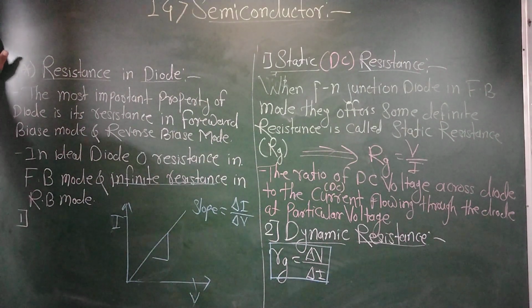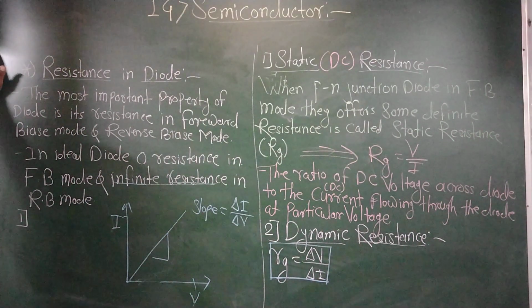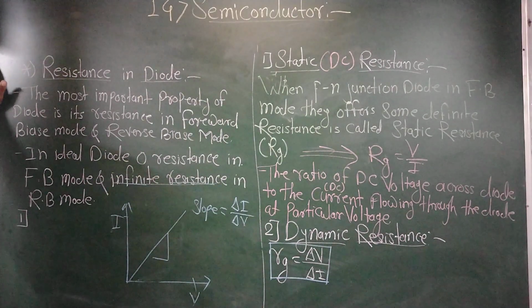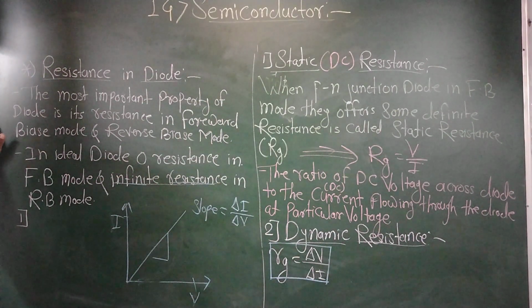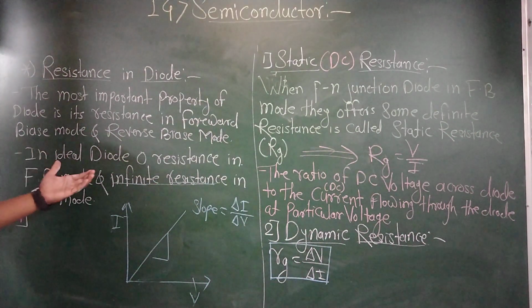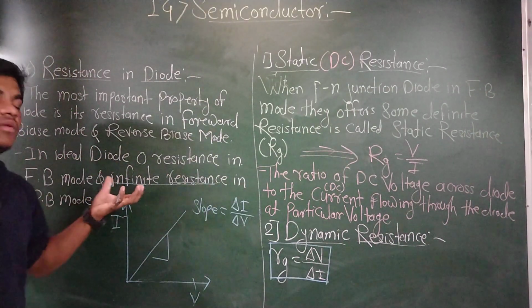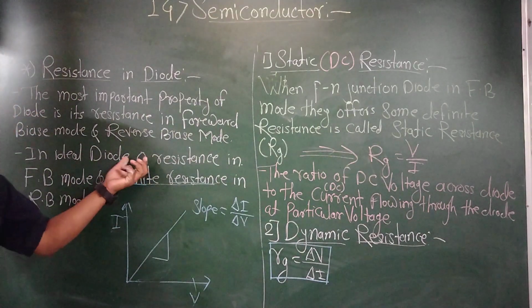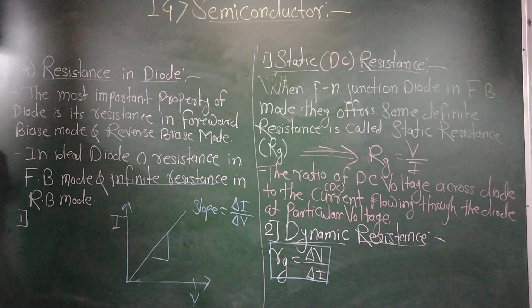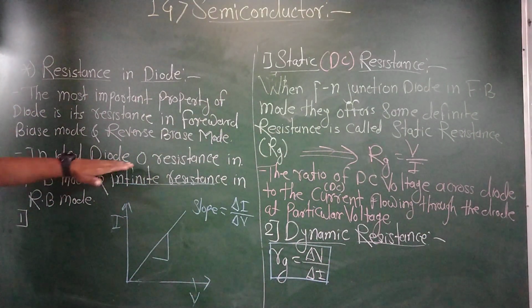Please remember this for the MCQ. The resistance is an important property. What is the resistance in forward biasing when we take ideal diodes? The resistance in ideal diodes, if we are taking the forward biasing mode, will be 0.